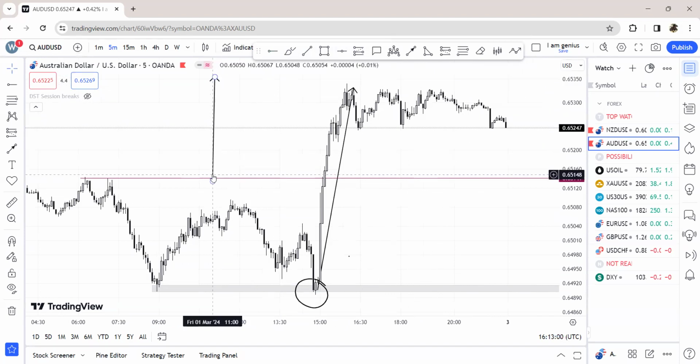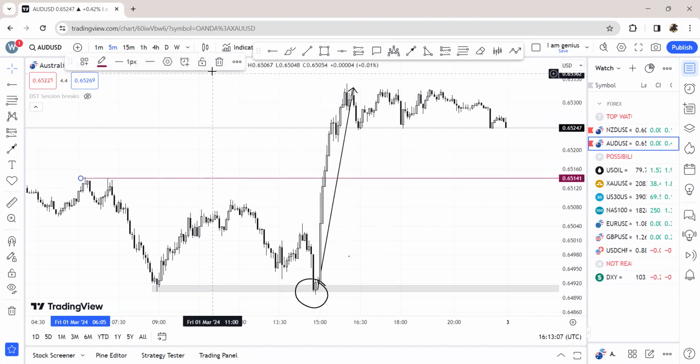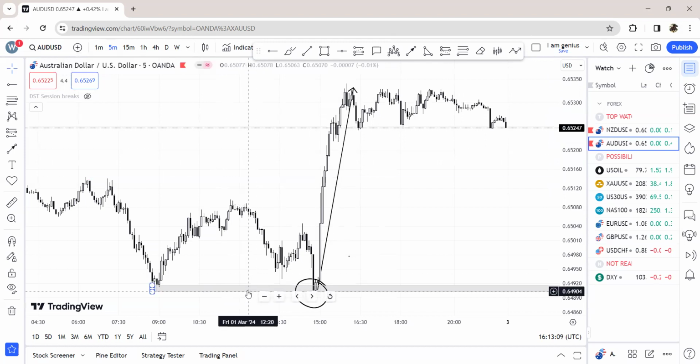So that's how you can use the DXY to trade any currency pair that has the US dollar with it.